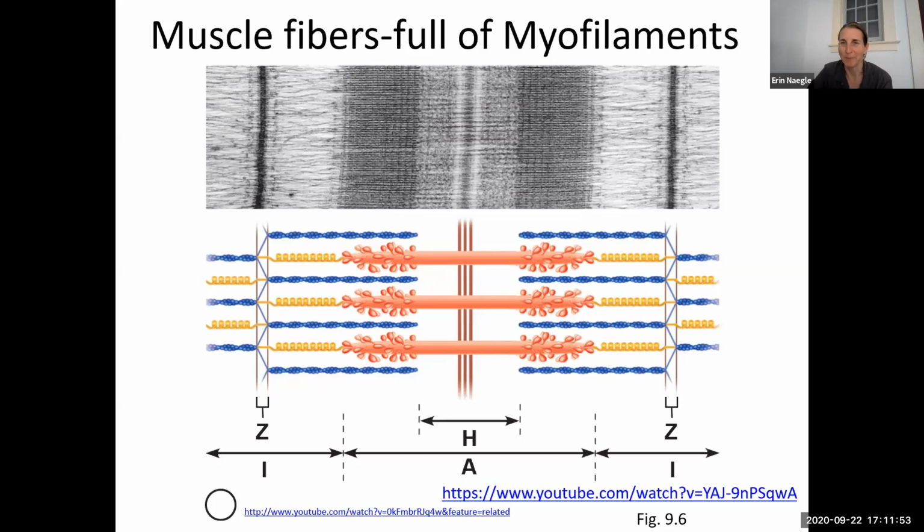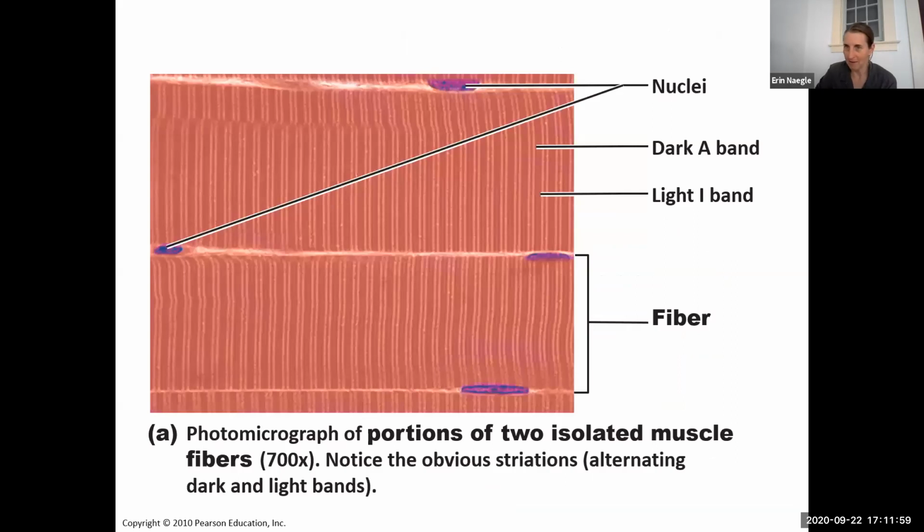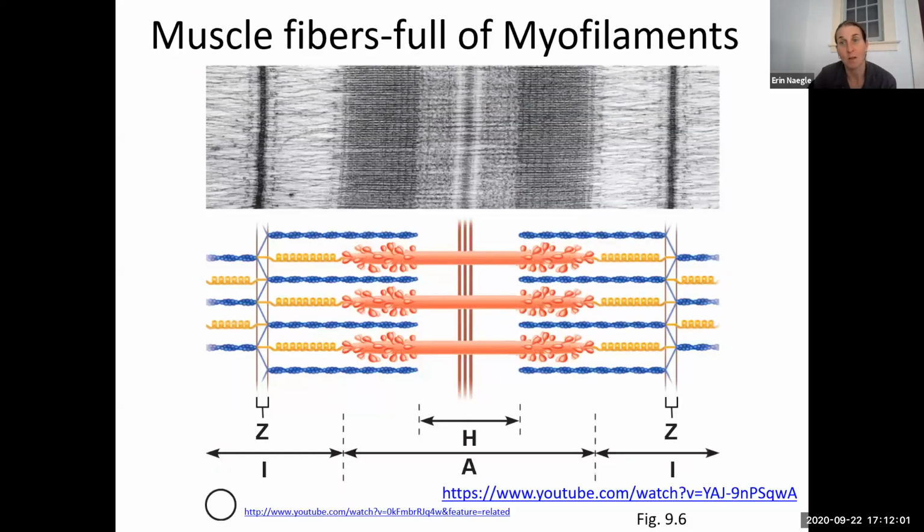Let's zoom in even more. Now you're looking at an image like this, but even closer up. It's clearly a different image, but that's the idea. Now we're really zooming into the muscle and what those striations look like, those light and dark bands.